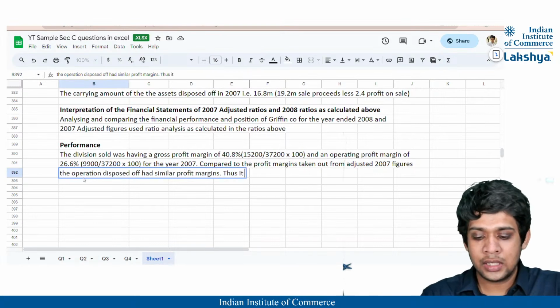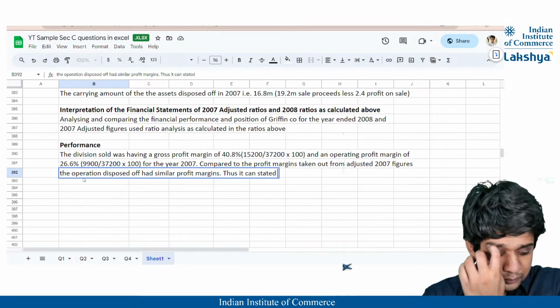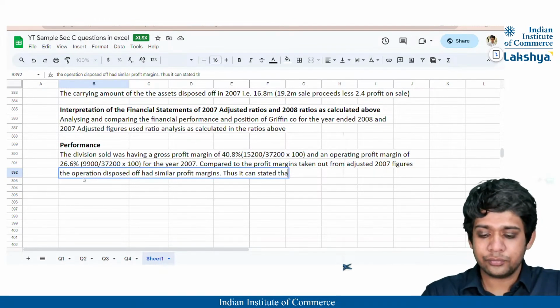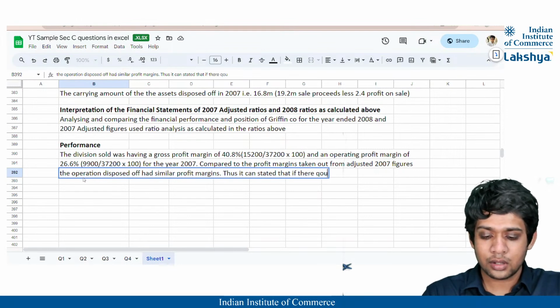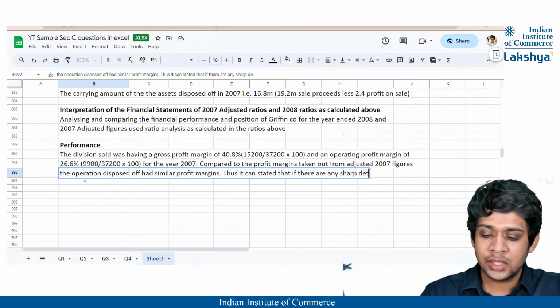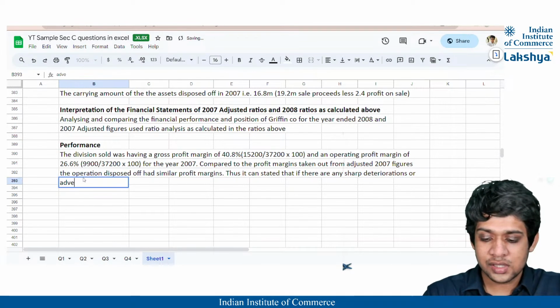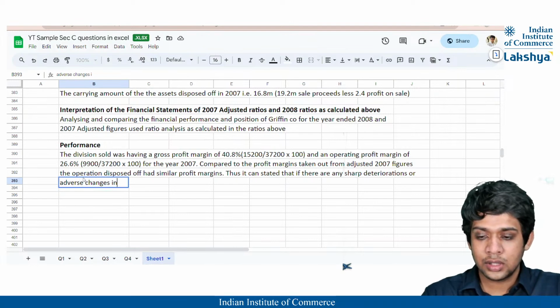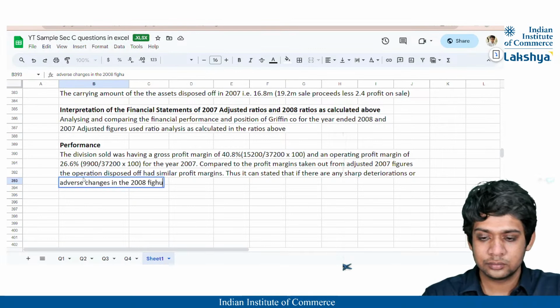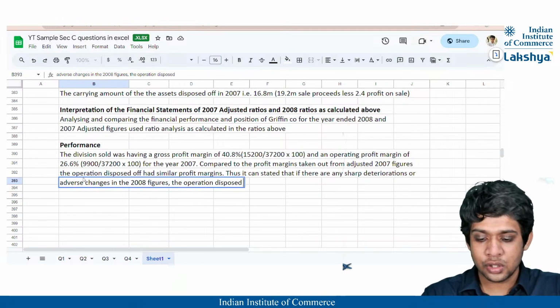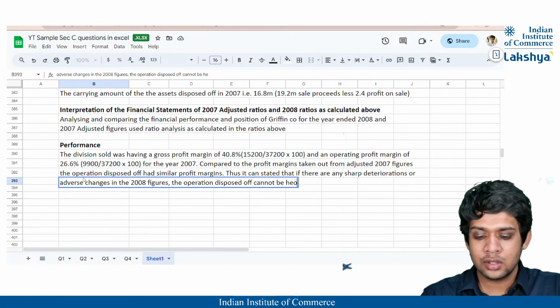Thus, it can be stated that if there are any sharp deteriorations or adverse changes in the 2008 figures, the operation disposed of cannot be held solely responsible.